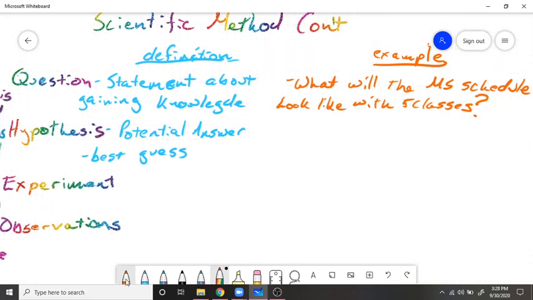What was our hypothesis about the middle school schedule? Well, our hypothesis was that the schedule is awesome. Dare I say, perfect.